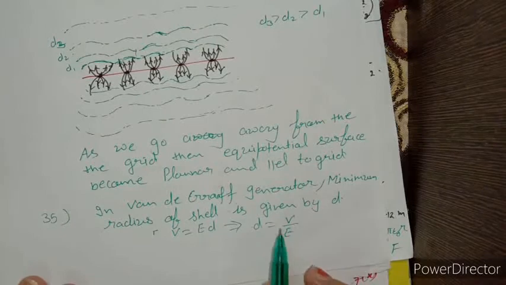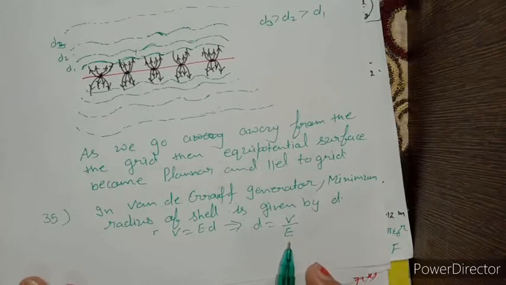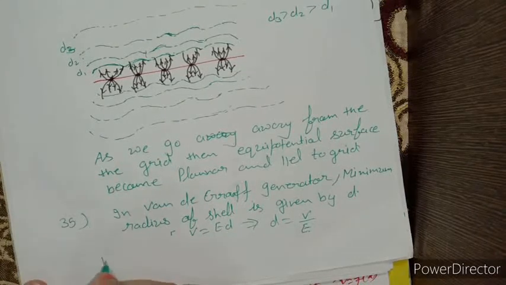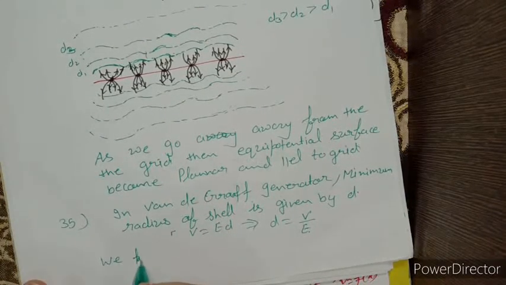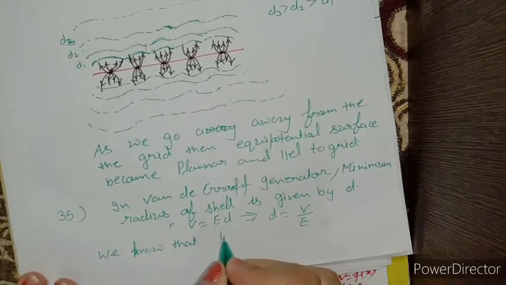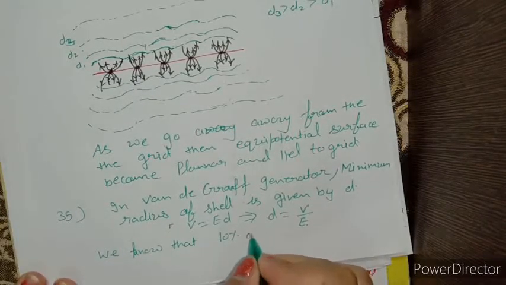Now we do not know the electric field, but we know that 10% of the dielectric strength is the maximum electric field. So E equals 10% of the dielectric strength.